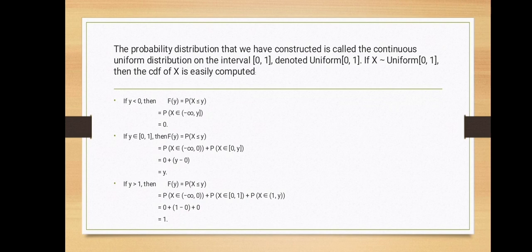For the first case, if y < 0, then F(y) = P(X ≤ y) = P(X ∈ (−∞, y]) = 0.